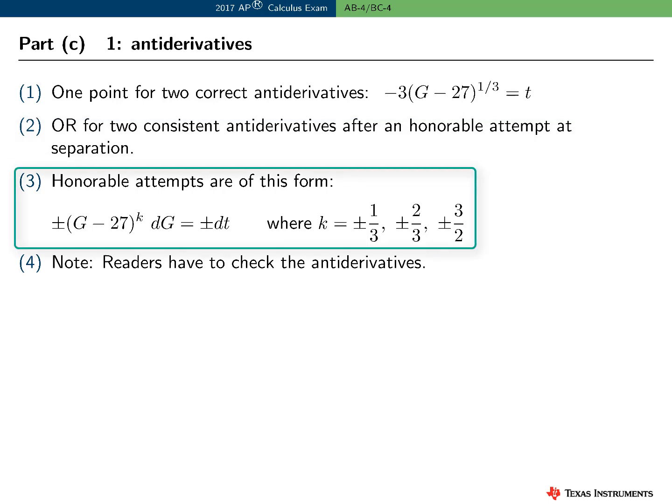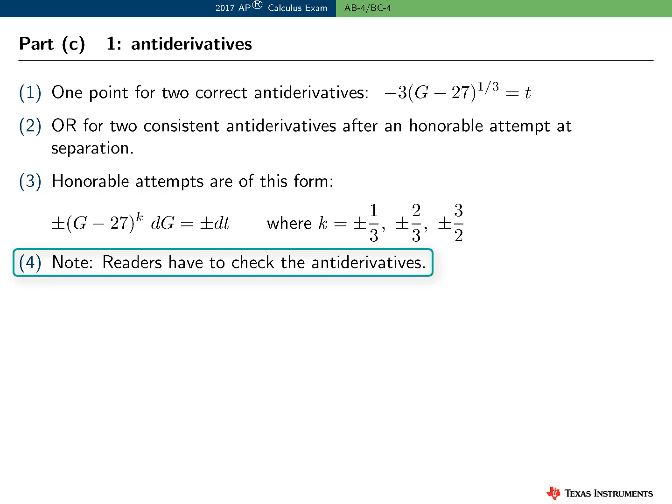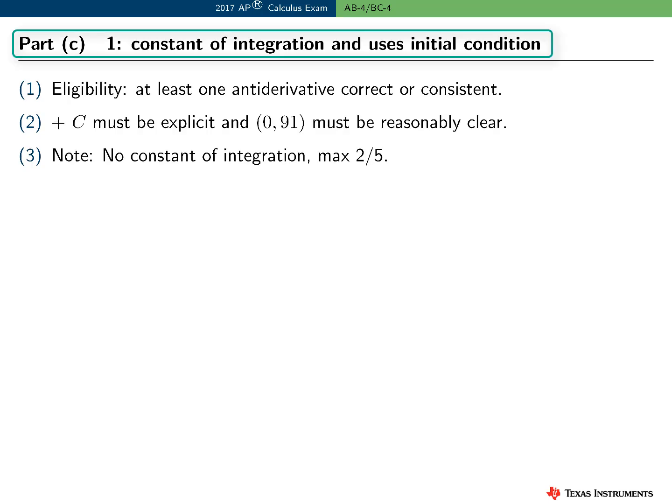And here's the format for an honorable attempt at separation. The general philosophy is that a student has not dramatically changed the complexity of the antidifferentiation. Note that in an honorable attempt situation, the reader must check the antiderivatives to see if they're correct. The third point in Part C is for including a constant of integration and for using the initial condition.